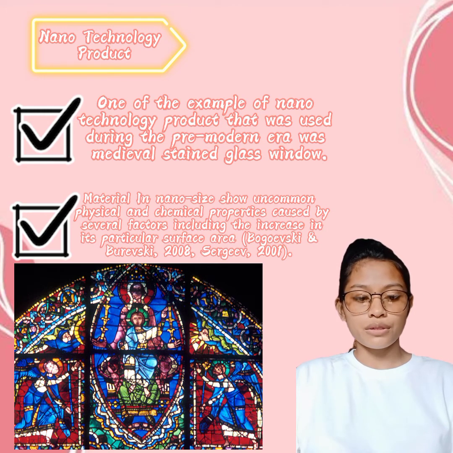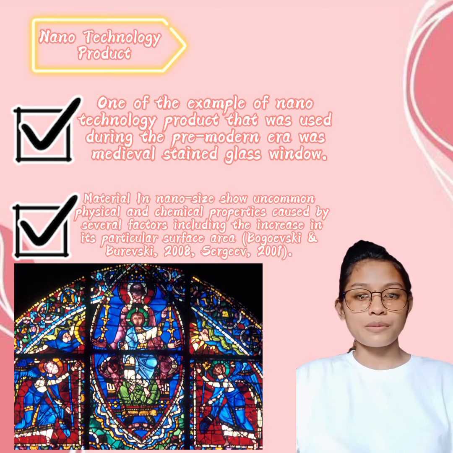One of the most documented examples of nanotechnology known in history is medieval stained glass. Artisans were the first nanotechnologists as they unknowingly trapped gold nanoparticles in the glass matrix in order to generate the ruby red color in the windows.